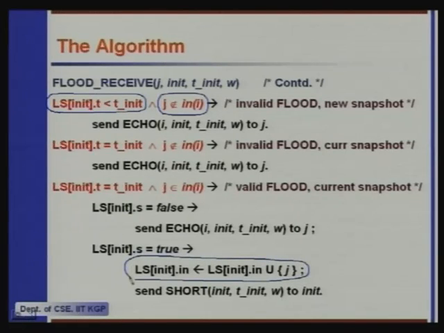See, this is where the in is getting updated. So, it is going to add J to its inward dependencies, and it will send a short message to init. This short message is carrying the weight that came along this flood, that is this W. This weight is being sent to init directly, the controlling agent, right.